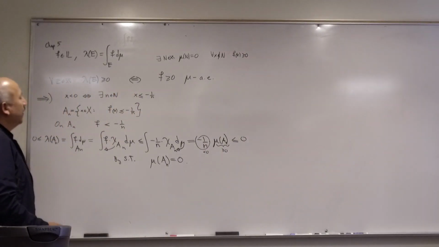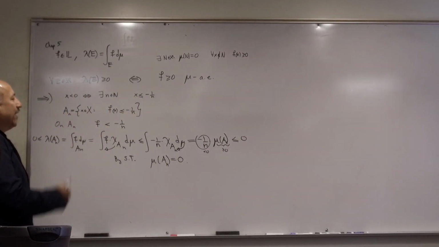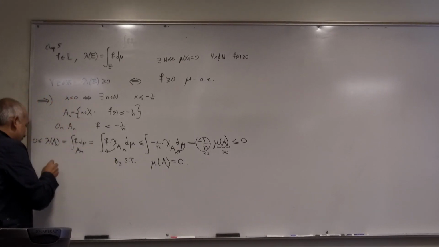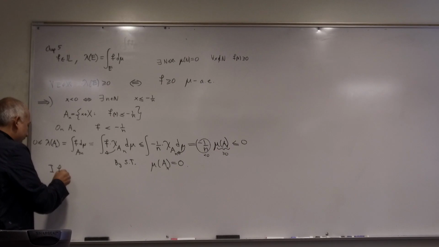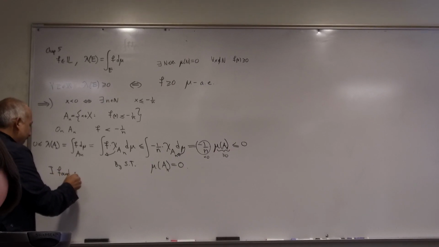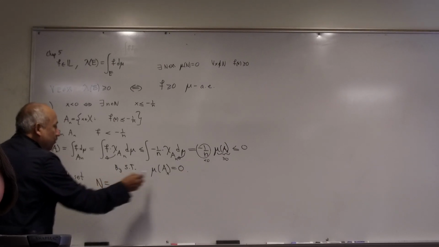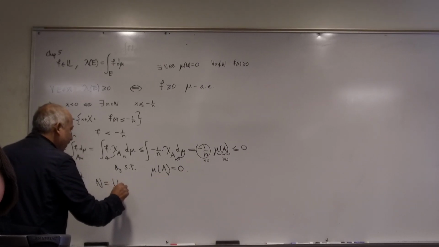Yes? So in other words, I'm looking for a set. I claim that I found it. I found the set. And the set N is equal to the union of all these guys.